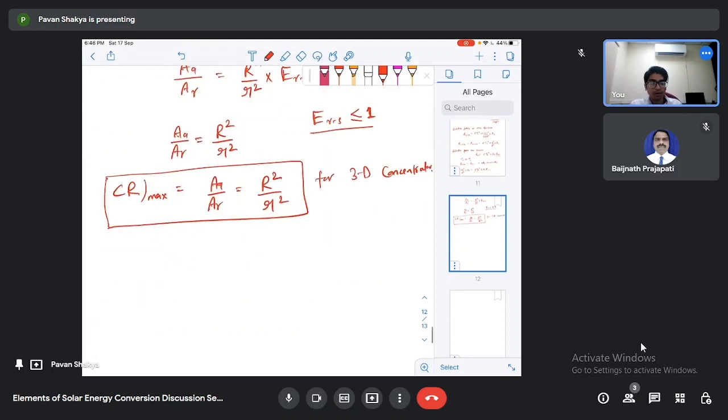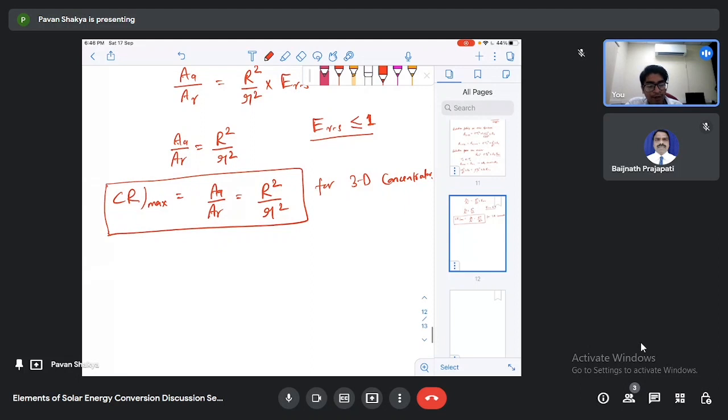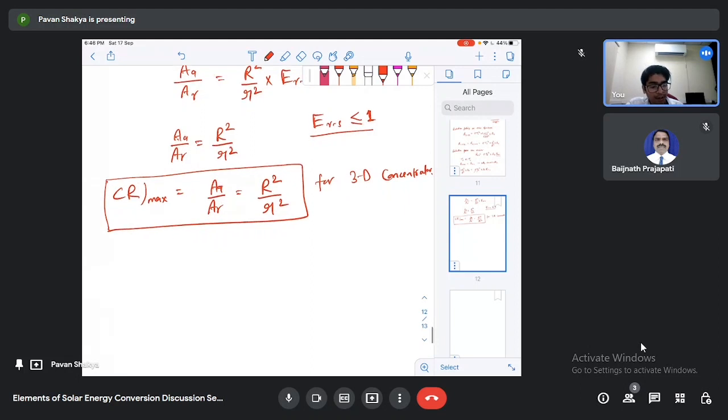Now suppose we are calculating it for the sun and the earth. I am taking this capital R as 1.495 into 10 to the power 11 meters.